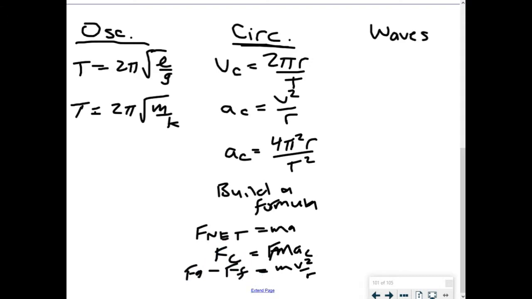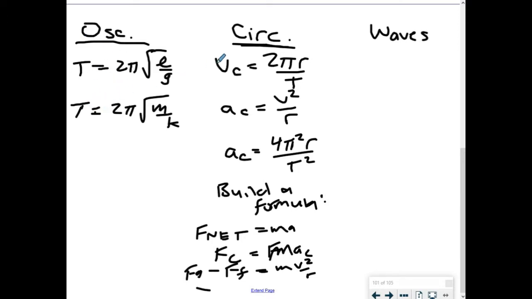You know how we had to build formulas? That's just a random made-up example. We did a whole lab on this, but it's very common you have to make your own formulas in circular motion. Again, that only applies to something going in a circle. So don't try to build a formula using F net for something that's oscillating back and forth. It's not the right scenario.